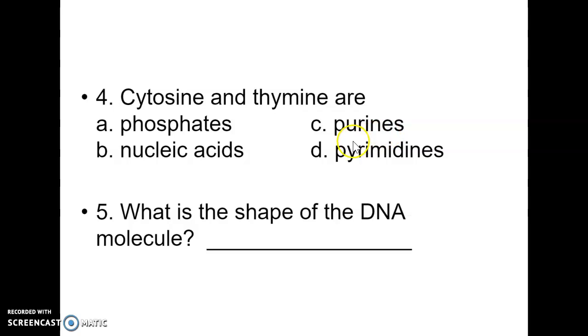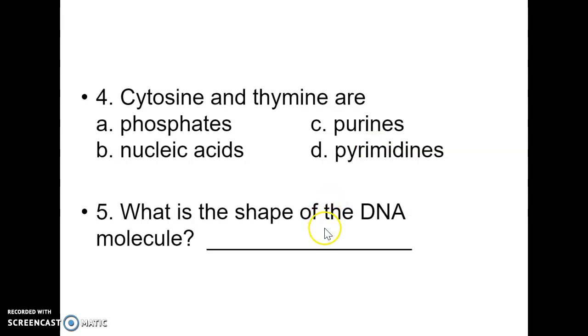Cytosine and thymine are pyrimidines, and they have Y's in them. Cytosine has a Y, thymine has a Y, pyrimidine has a Y. That will help you remember. So cytosine and thymine are pyrimidines.